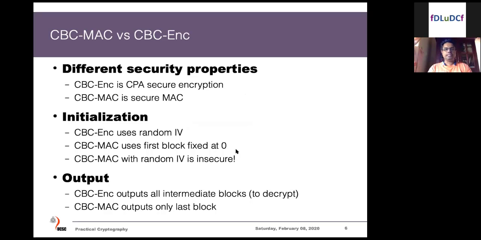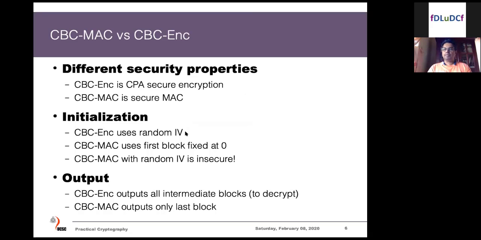I forgot to mention the difference between these two, so I added one slide here about the different security properties. When you use CBC mode for encryption, for the first initial vector we select a random number. In other words, it has a random initial vector.